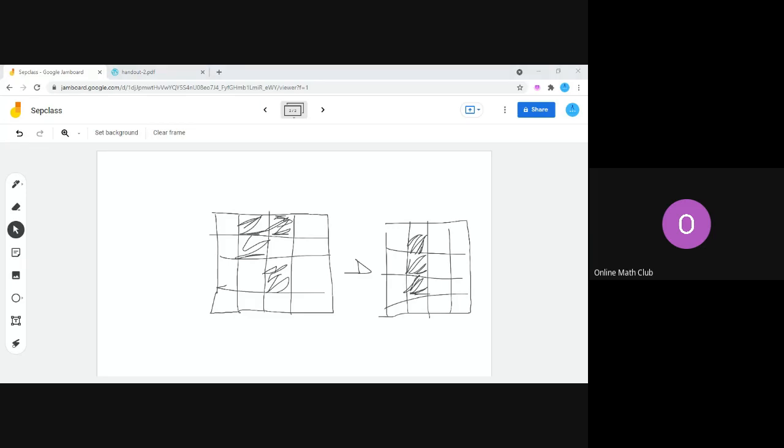Guys, give me 10 seconds. I need to go get my charger. This is a little embarrassing. You can try the problem in the meantime.